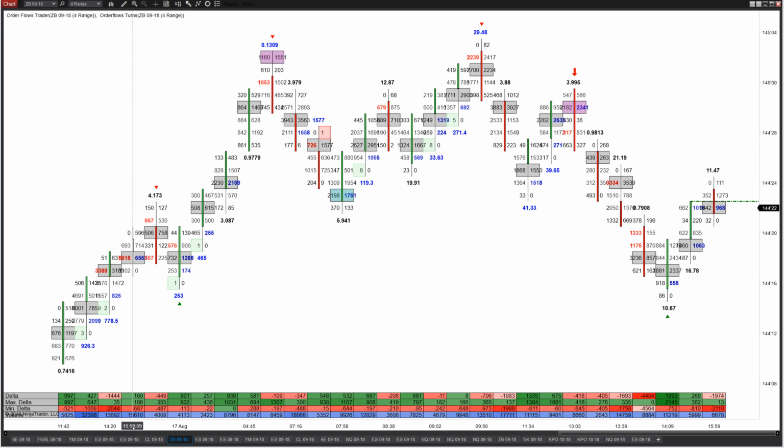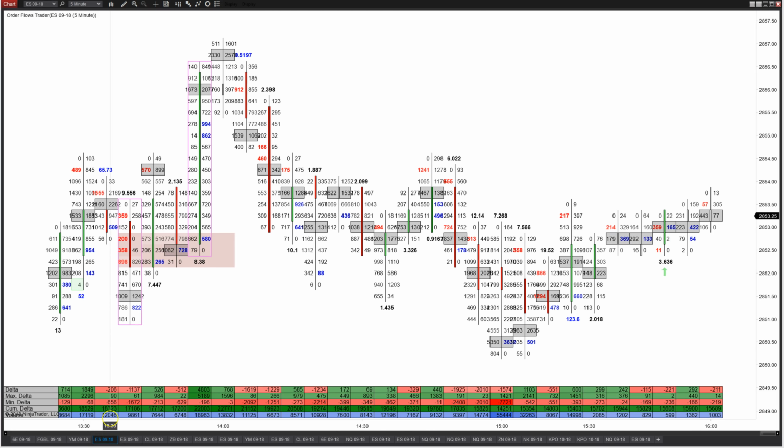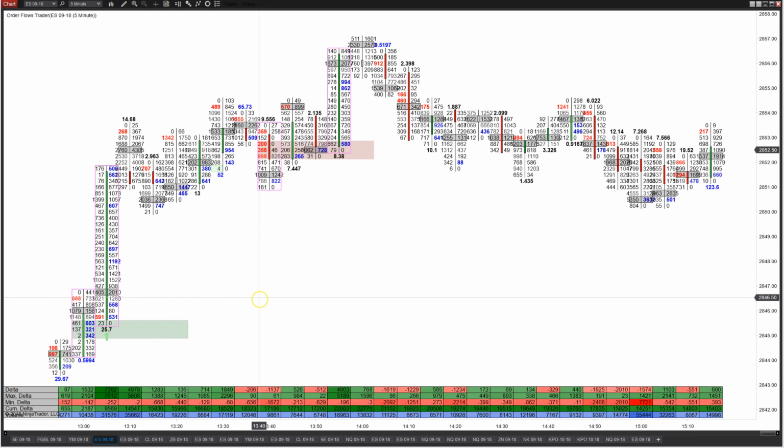And do I look at minute-based charts? Yes, I do. Actually, I usually keep a 1 minute, sometimes a 5 minute chart. Earlier I was looking at 5 minutes in the S&Ps here. So this is a 5 minute, but usually I keep it on a 1 minute chart.